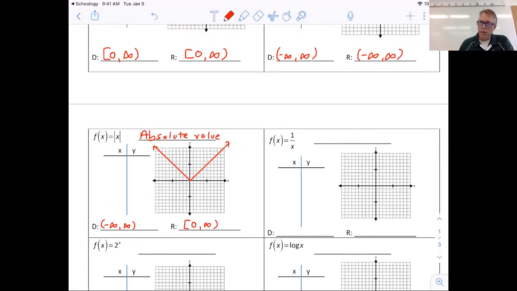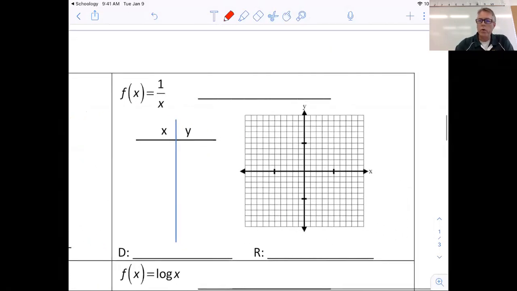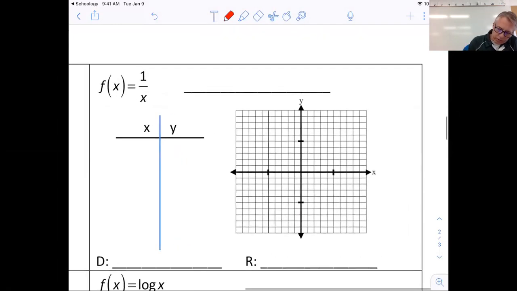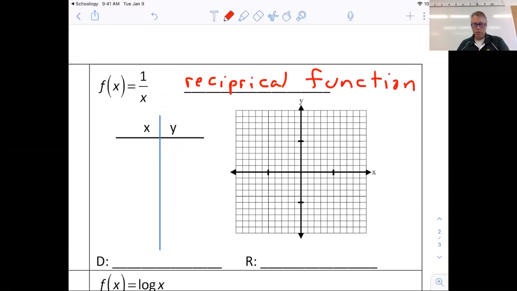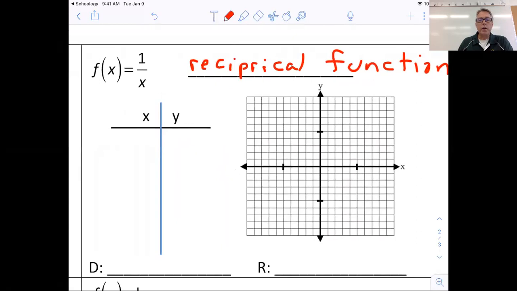All right, our next one will be 1 over x. So this is the reciprocal function. Here's what that guy looks like.